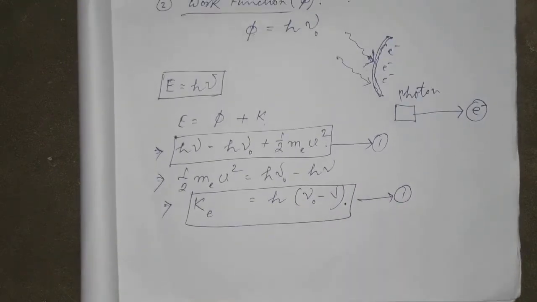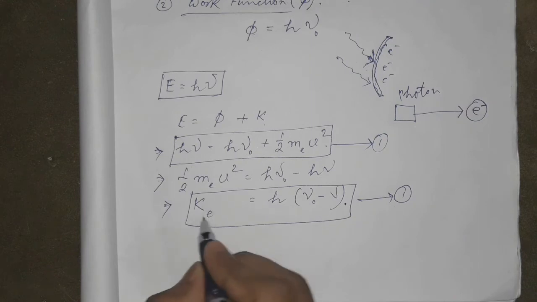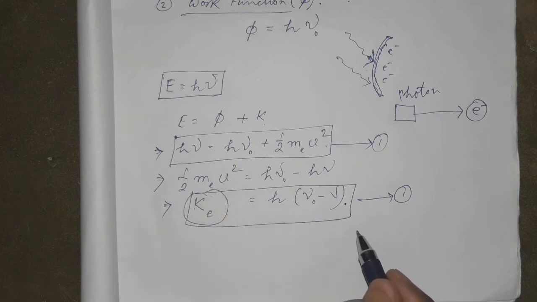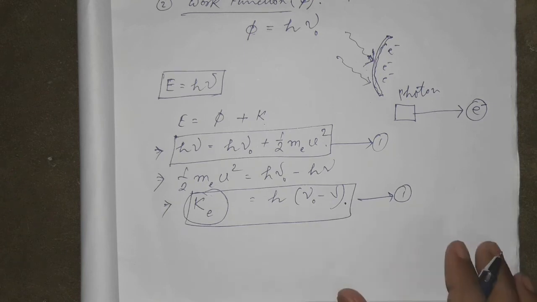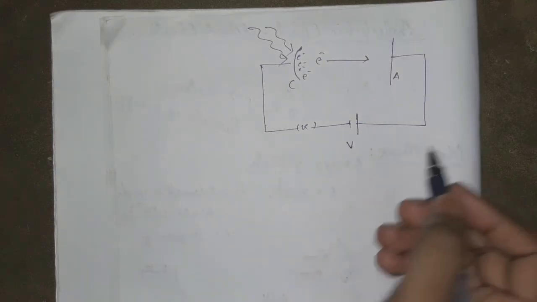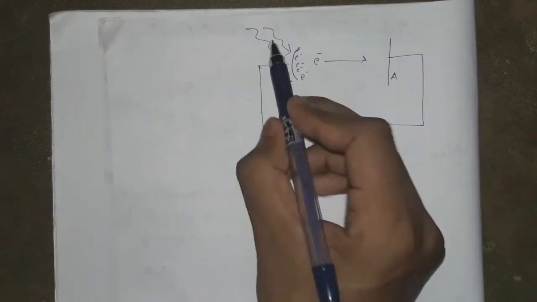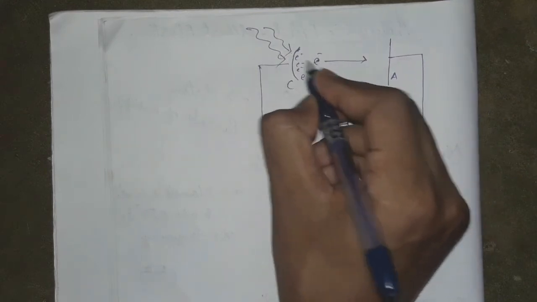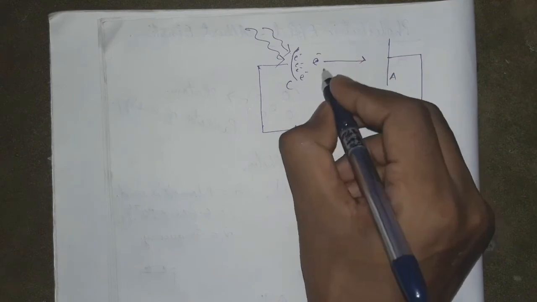And the last thing is, if you want to calculate this K, the kinetic energy, how can you calculate it? Let me explain. I have drawn one circuit. After incident light, electrons will be ejected from this, and will get kinetic energy.